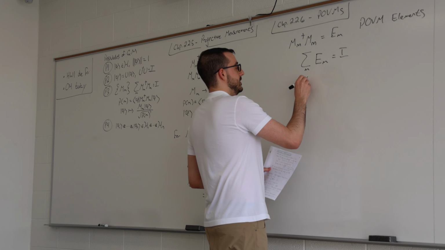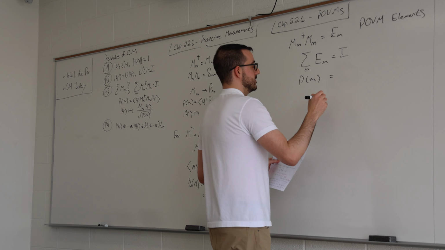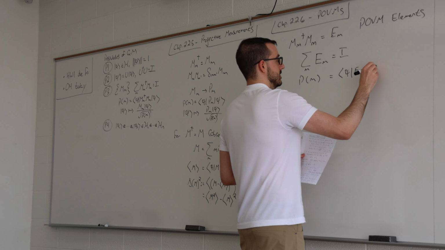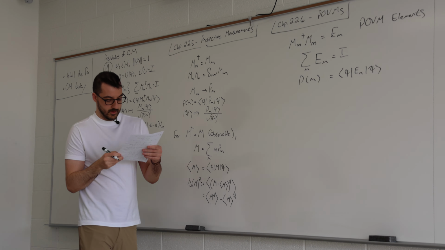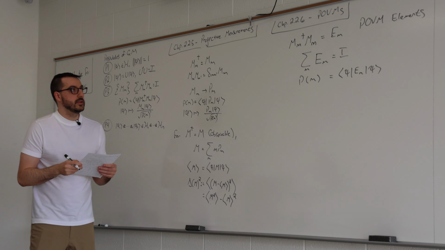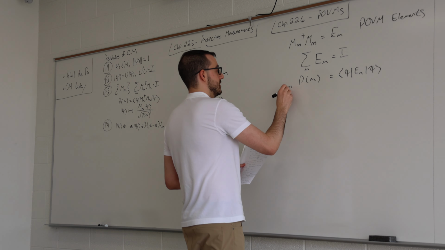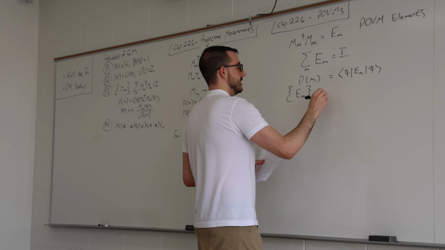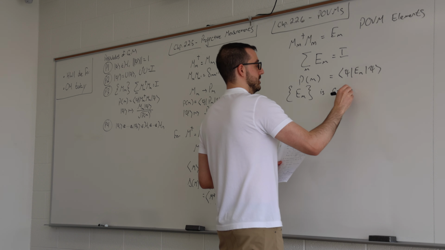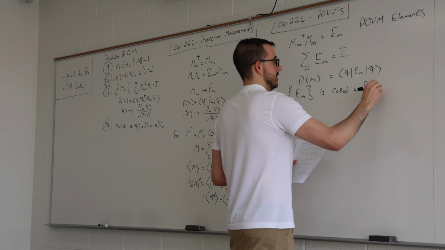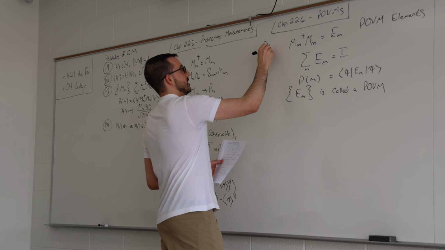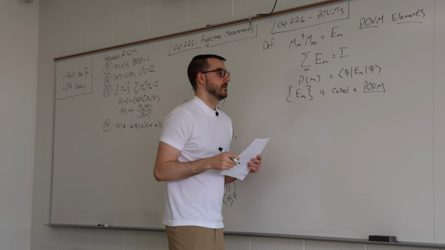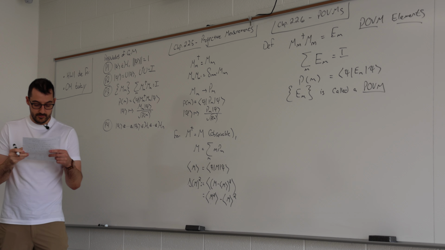So P of m is equal to psi E sub m psi. The full set of POVM elements, the set E sub m, is itself called a POVM. So this is your definition of POVM elements and a POVM, positive operator valued measurement.